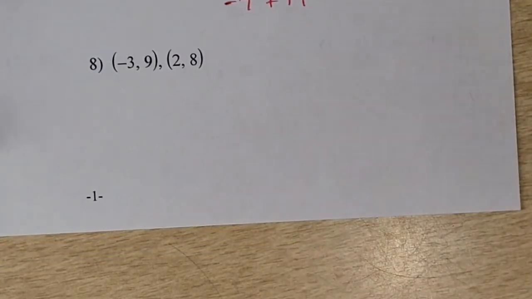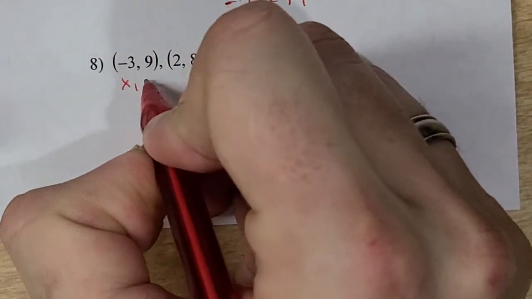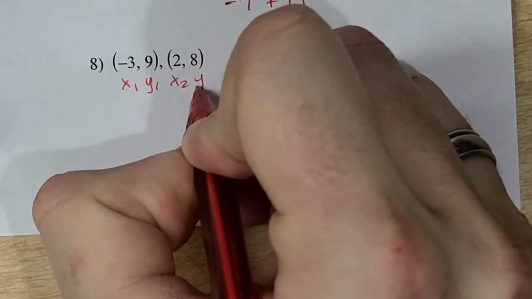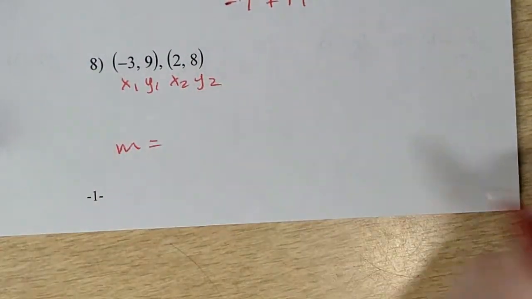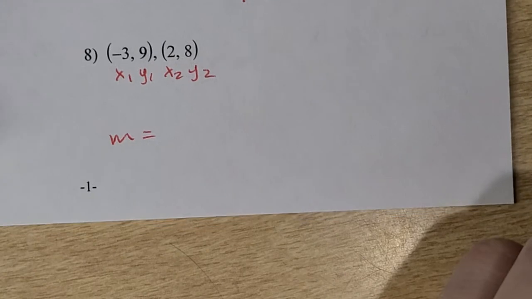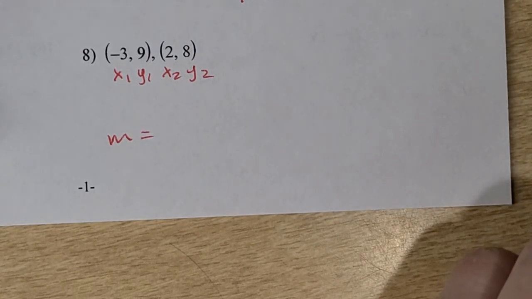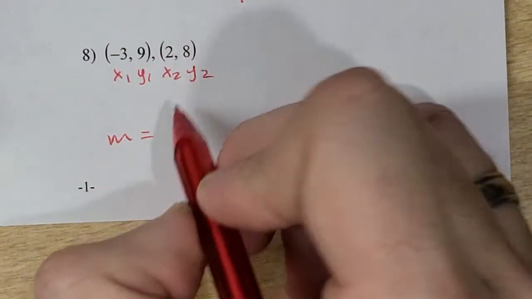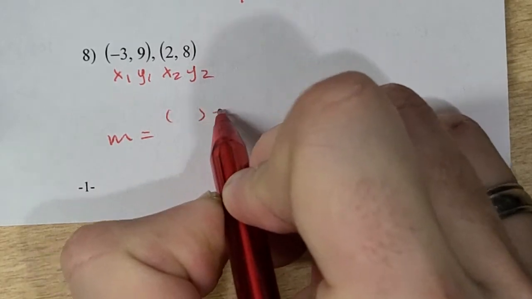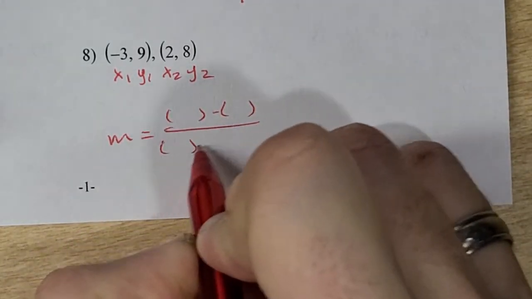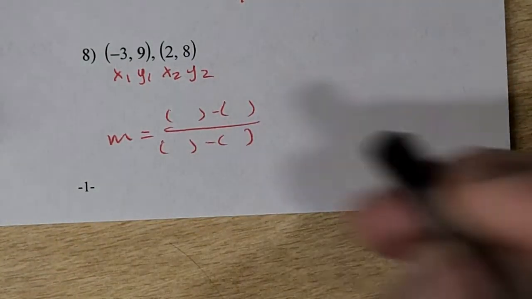Number 8. x1, y1, x2, y2. Again, if you're confident on these, this is a video. You can skip ahead. It's not going to hurt my feelings at all. So, parentheses, plugging it in.